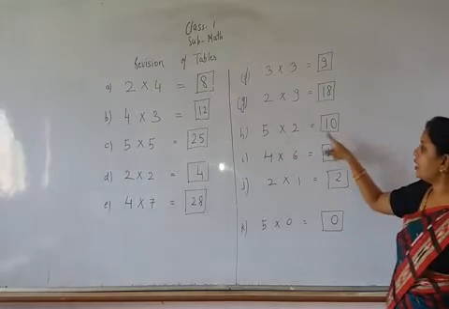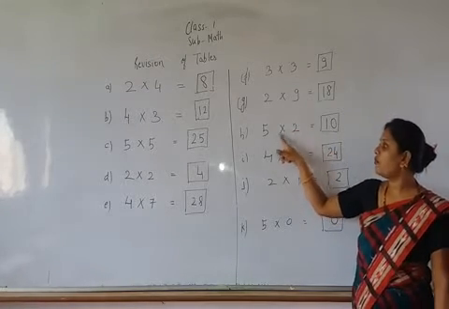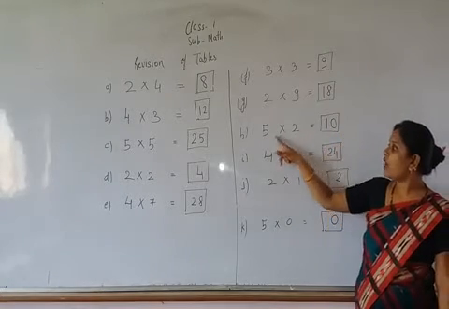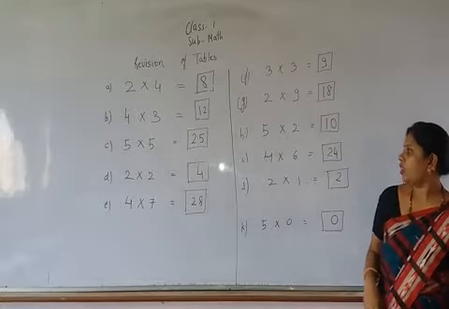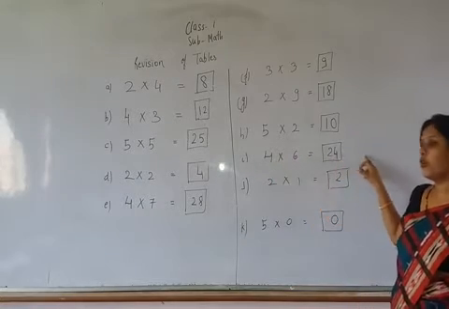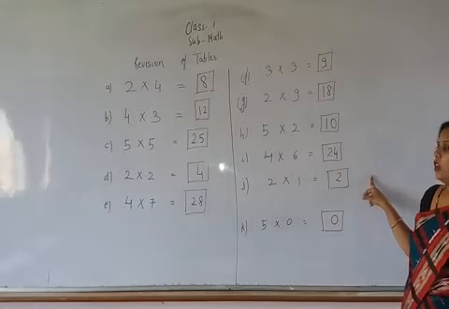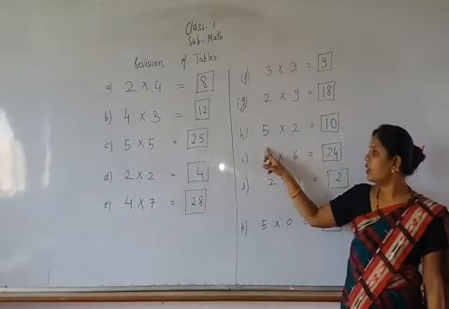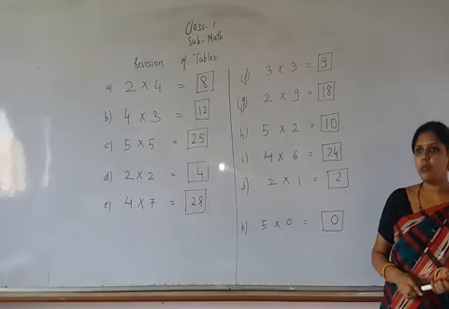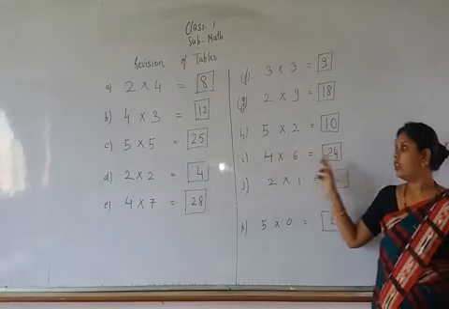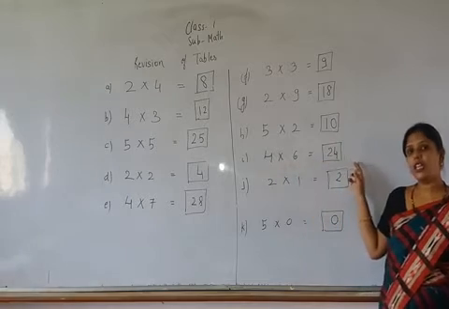And if we read this in reverse order, 2 5s is also 10. Now 4 6s are 24. If we read it in reverse order, we have not done the table of 6, but 6 4s is also 24.